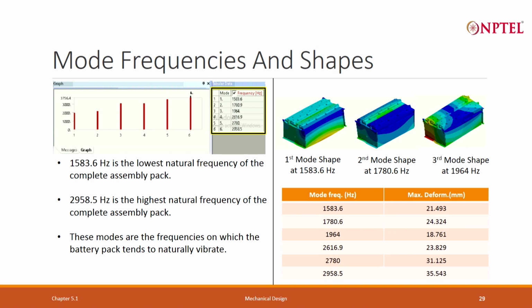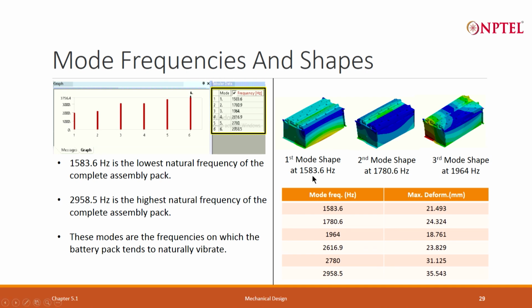The mode shape, what I am saying, after the deformation or the maximum amplitude, is nothing but how the battery is deforming. So, when it is deforming, where would the stress be maximum?